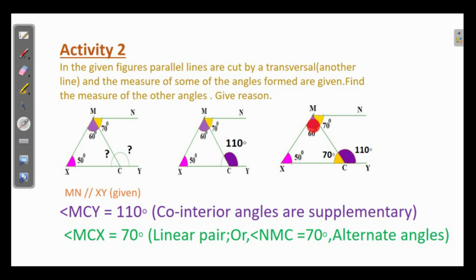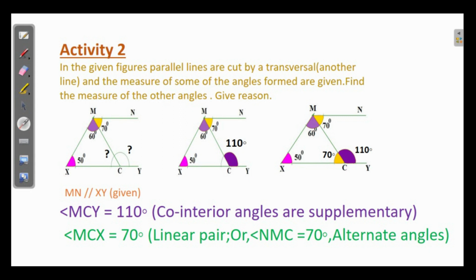Sum of these two angles is equal to the exterior angle of the third angle, and the sum of these three angles is equal to 180 degree. In any triangle, sum of the angles is equal to 180 degree. That you have to bear in mind. That you will learn later. Now itself you may learn.